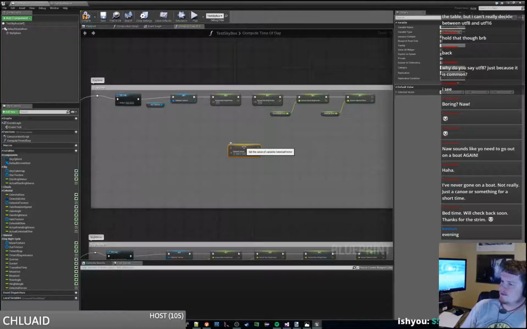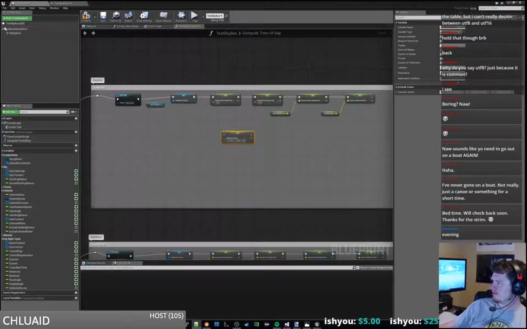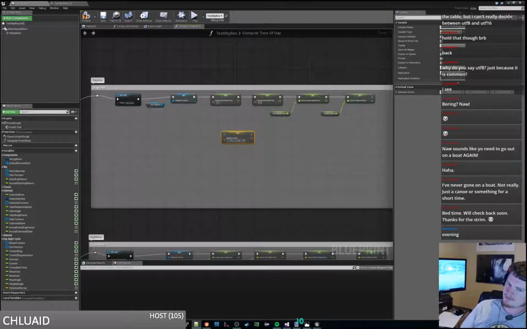So x is 1, and basically our z is going to be, I'll just write this down real quick, our z is going to be our angle plus, yeah, it's going to be the time of day. Basically, it's going to go from 0 to 1 to 0 based on our angle.